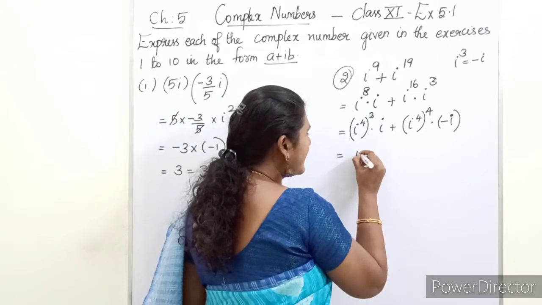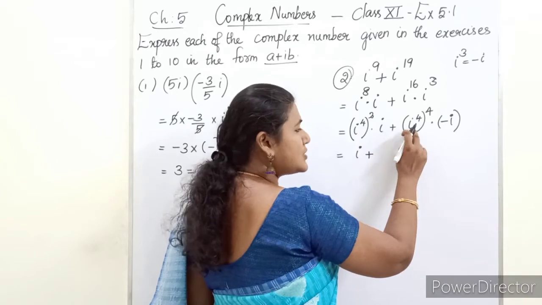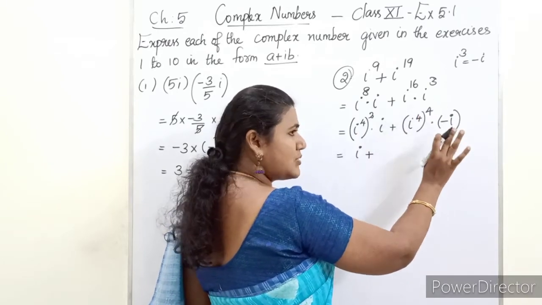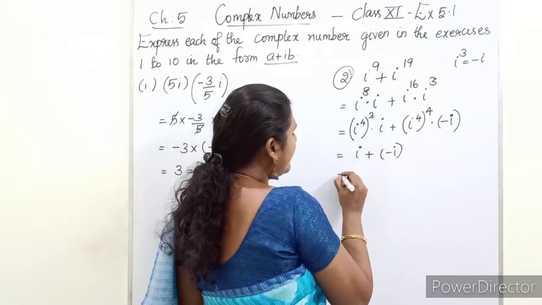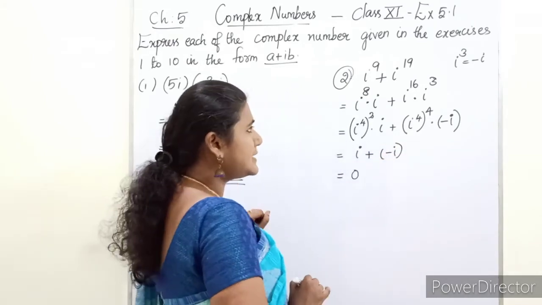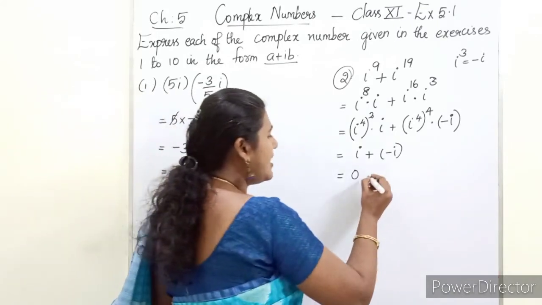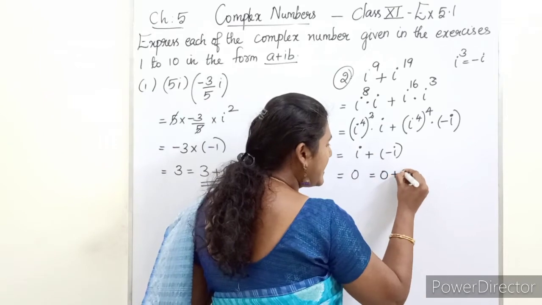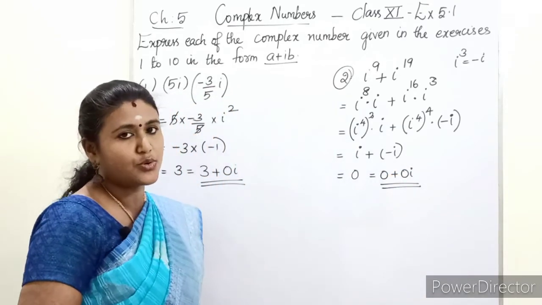So the first term we will have only i, plus here again 1 power 4 that is also 1, then minus i. So now if you simplify these two, i minus i, so the answer is 0. So how will you express 0 in the form a plus ib? Both real and imaginary part is 0. So we can write it as 0 plus 0i.